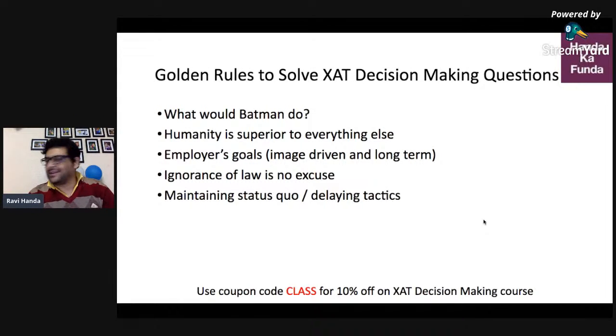You are supposed to decide among the choices. Not making a decision is a decision itself, and 99% of the time it is a bad decision. So maintaining the status quo, not changing anything, or delaying tactics are always a bad idea. You can use that to very clearly eliminate an option.